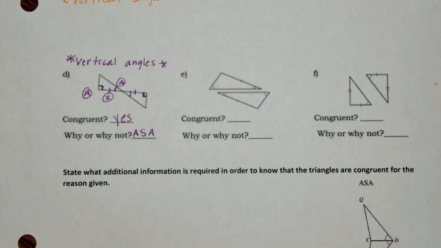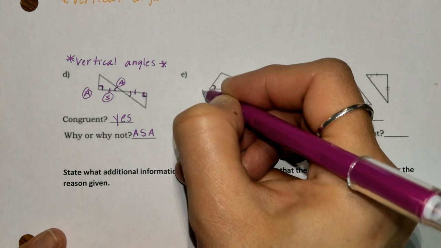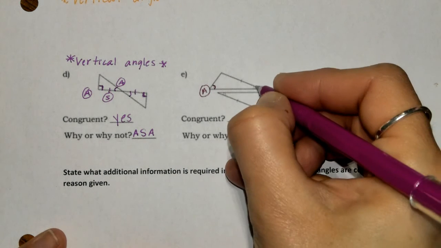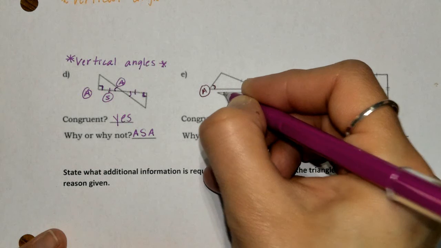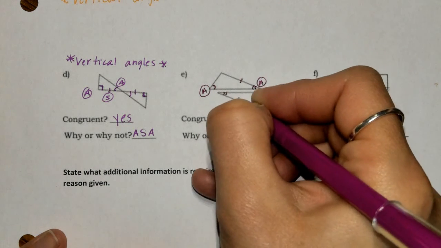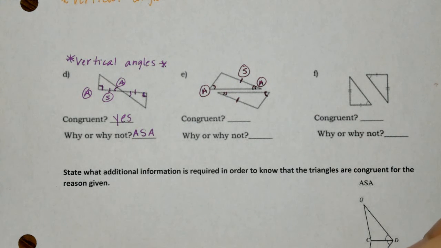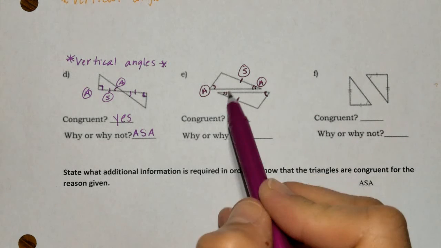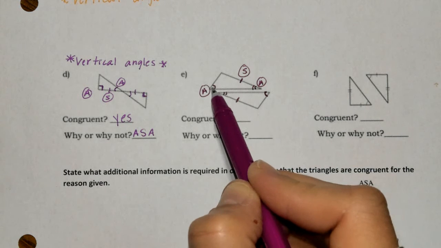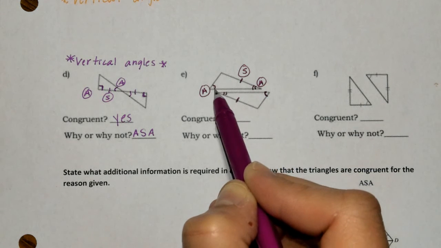Our next one here, I see an angle right here that's congruent. So we have an A. We see another pair of angles right here that are congruent. So I have another A. And then we have a side that's congruent. So we have that S. And again, I've mentioned this, in my classes, we always want to make sure we do check both triangles. Okay? So here, if I go from the angle and I look at the order of the letters, is that side between the two angles right here?